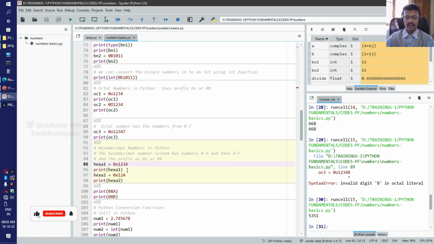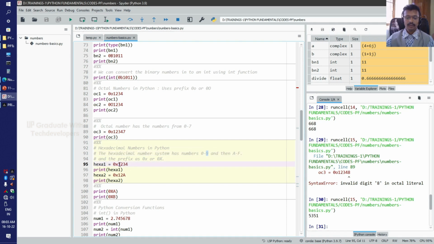So here I am creating a hexadecimal number. In order to create a hexadecimal number, we need to use the prefix 0 and then small x or capital X. So before the leading digits, 0x and then 1 2 3 4, we can use up to 9, 1 2 3 4 5 6 7 8 9.